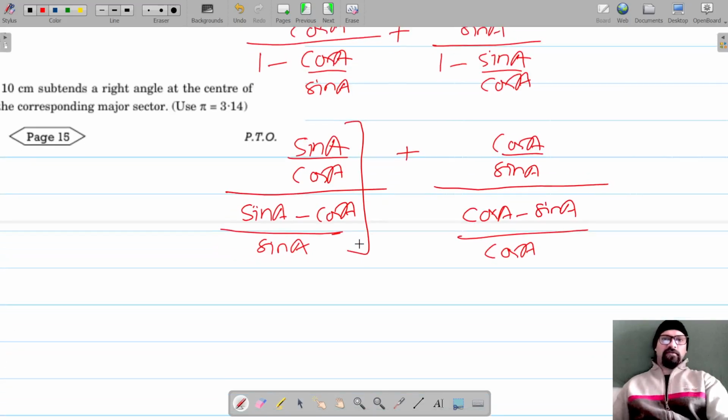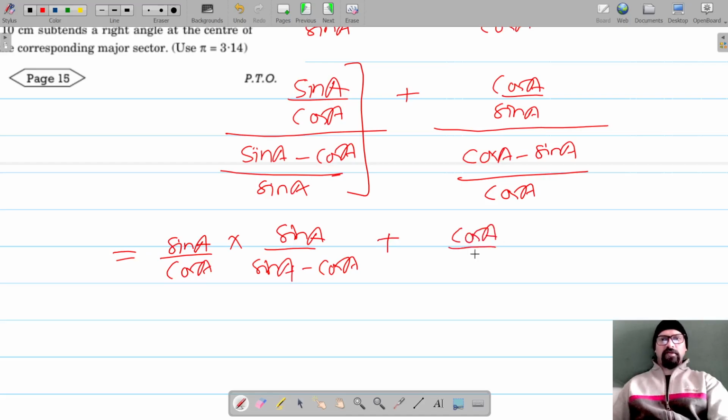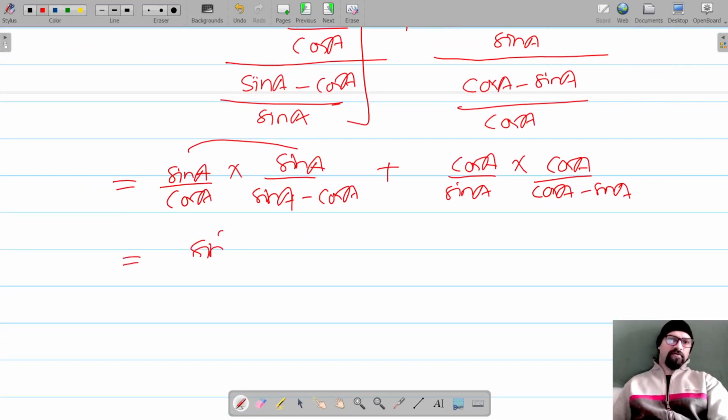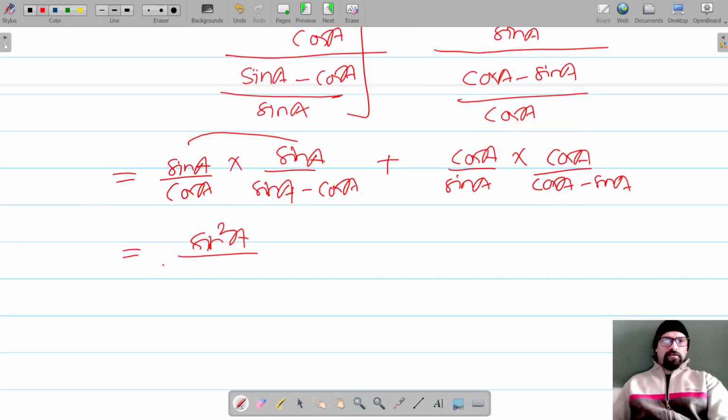Okay, so solving this gives me, this is sine A by cos A, and this is now sine A by sine A minus cos A, plus this is cos A by sine A into cos A upon cos A minus sine A. So sine A into sine A is sine square A, and this is cos A into sine A minus cos A is the denominator for this.